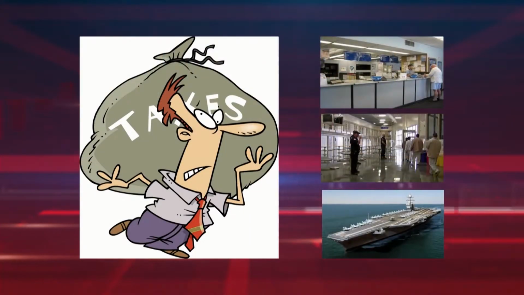Well, we pay taxes because if government's going to do anything, whether it be have a post office or operate prisons or defend our nation, that's going to require resources. And government has no way to make resources on their own.